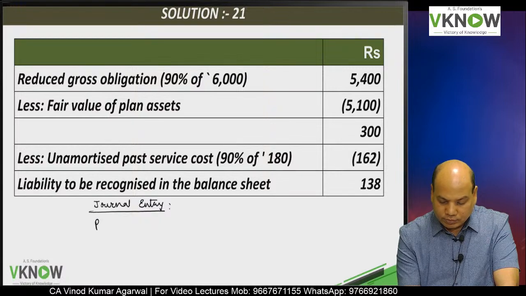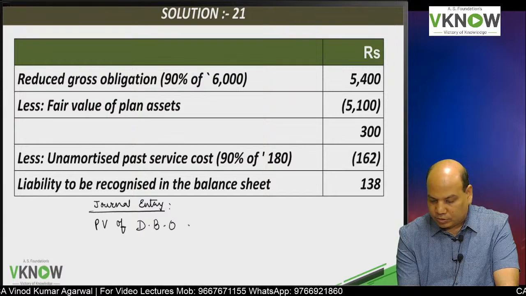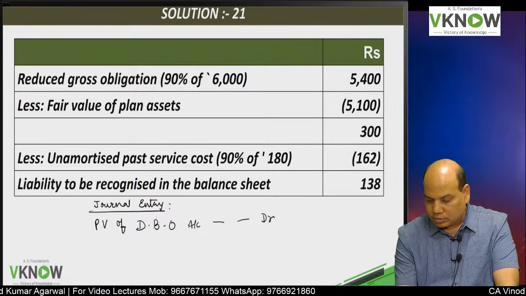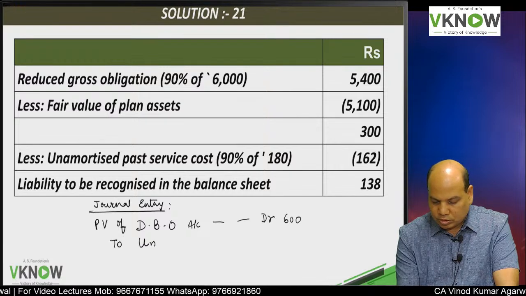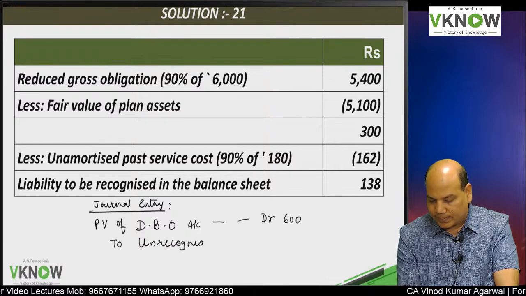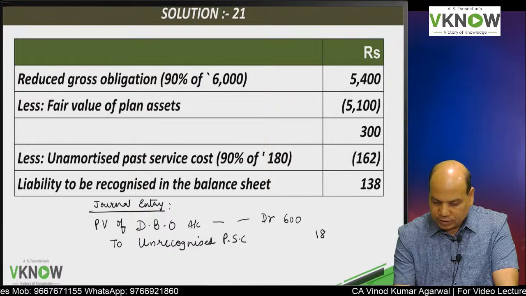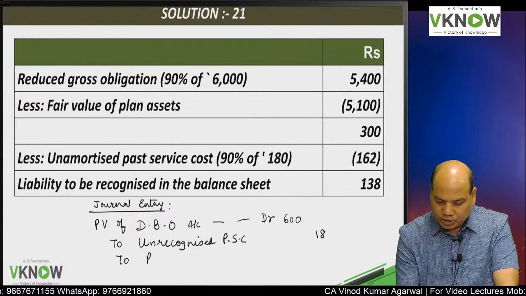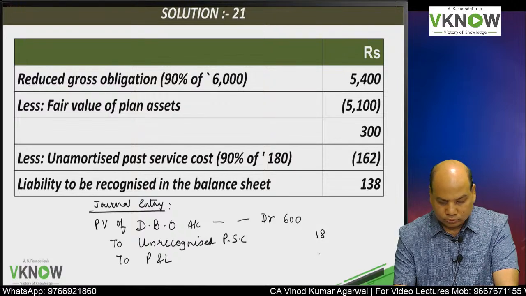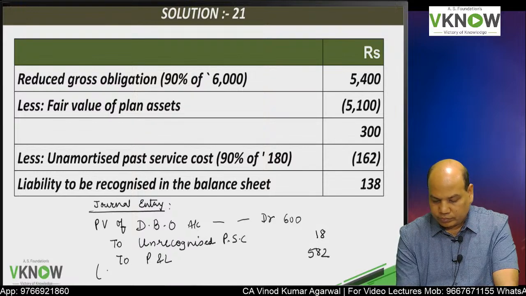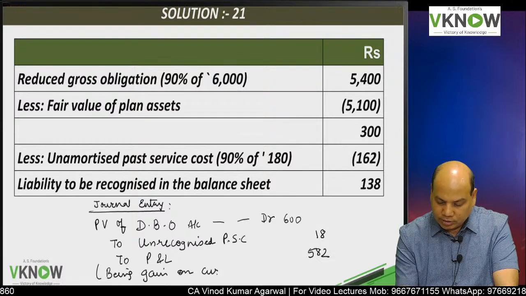So we are going to write present value of defined benefit obligation account debit 600, to unrecognized past service cost 18, to P&L account 582, being gain on curtailment. Please write down.